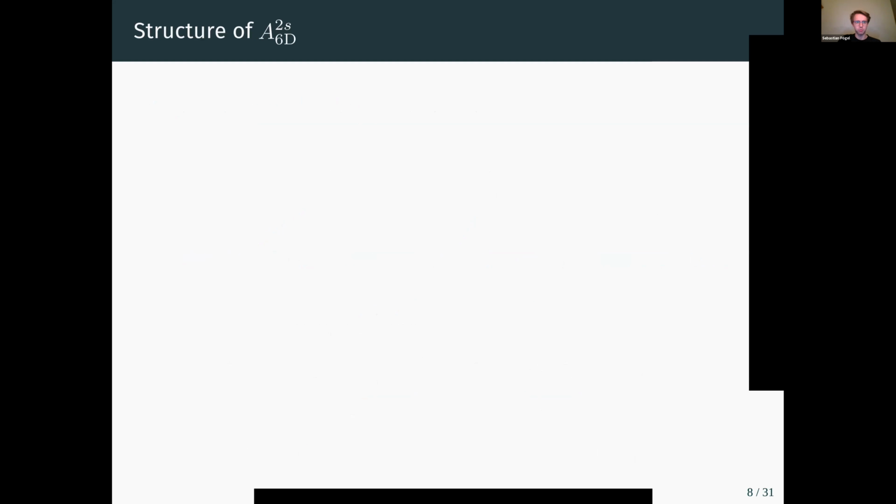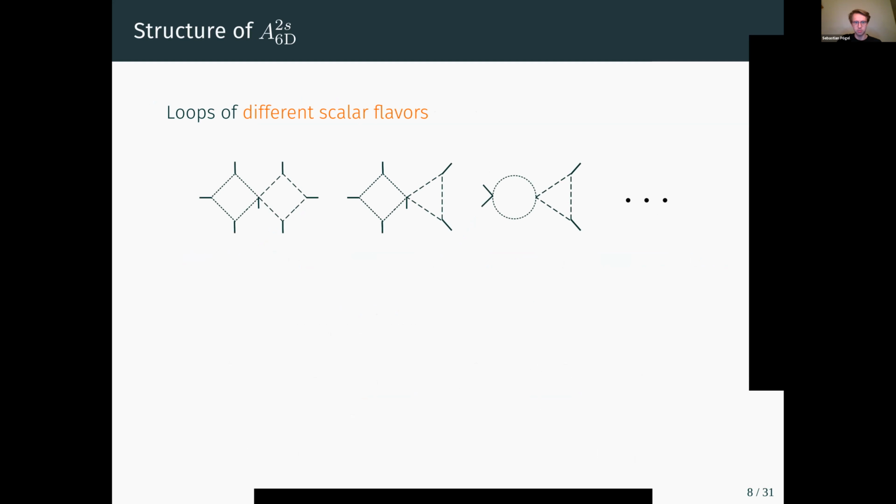So why does that really make things simpler? The thing about these two scalar amplitudes is that these scalars have different flavors. And in particular, there's sort of a flavor conservation, such that the only contributions that actually matter for this amplitude are one-loop-squared topologies, where one scalar is running in one loop, the other scalar is running in the other loop, and these two loops do not mix through shared propagators.